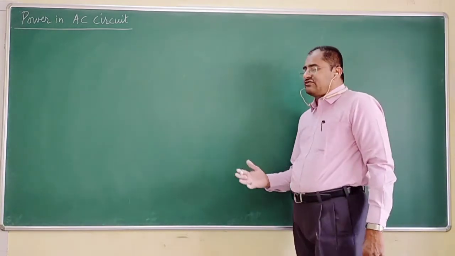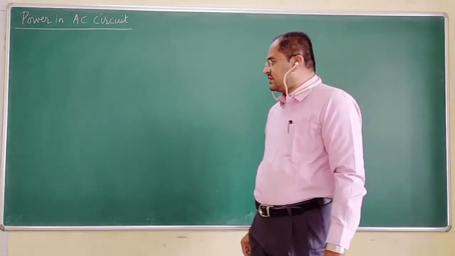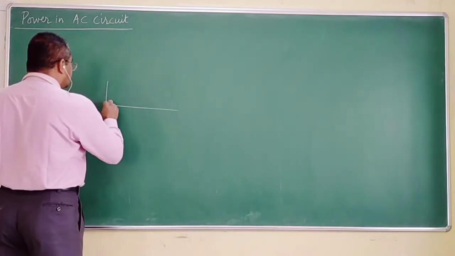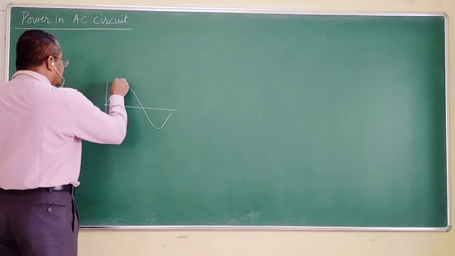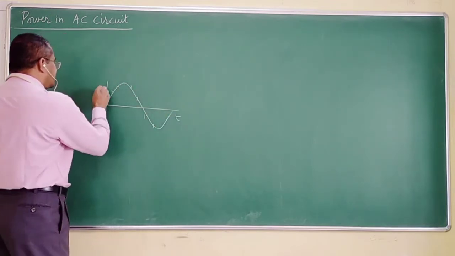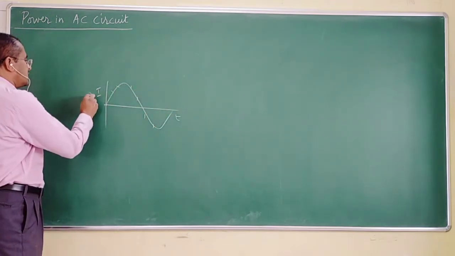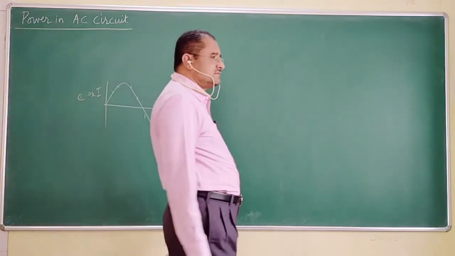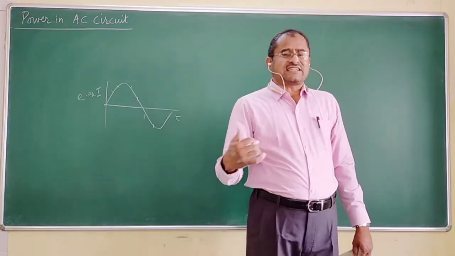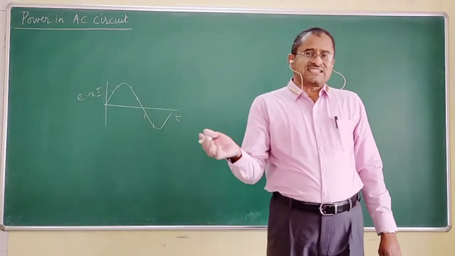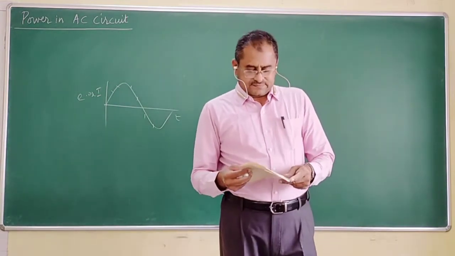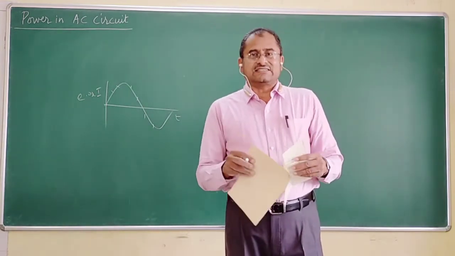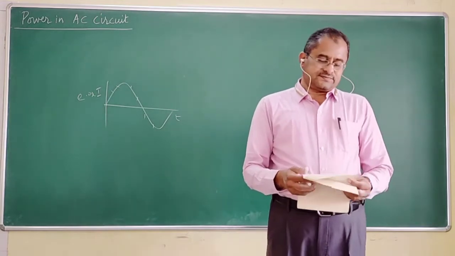Whereas in the case of an AC circuit, I told you the other day that the current or voltage continuously vary with time, be it E or I. Therefore, as in the case of a DC circuit, just by mere multiplication of E and I, we will not be in a position to arrive at the power consumed by the circuit.